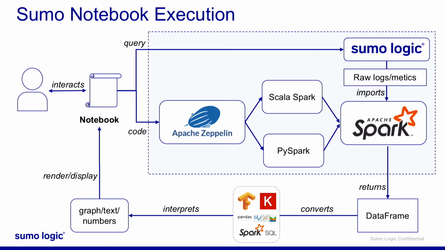And then you can use any type of machine learning framework like Pandas or Spark or TensorFlow to actually interpret the data and do whatever kind of machine learning on it. As a result of that operation, you will receive some result like a table or a graph or anything else that helps you understand what your thing does.